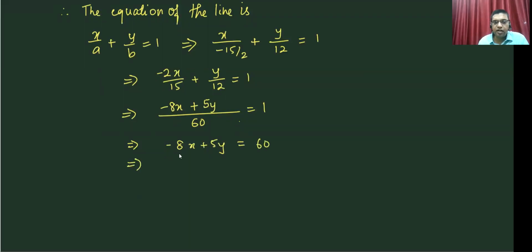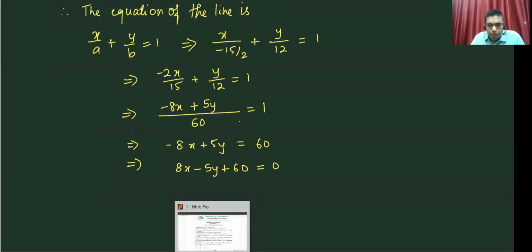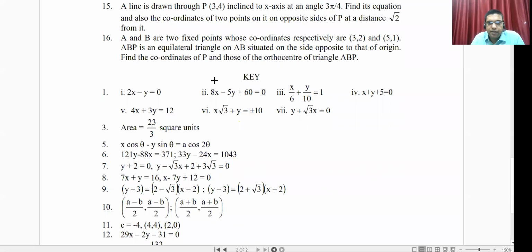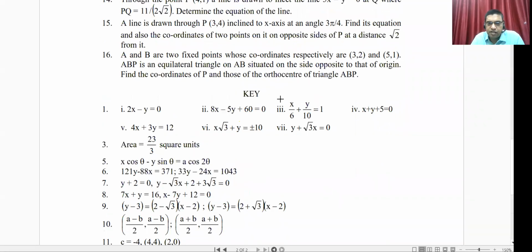Or take all these terms to the right and you get 8x minus 5y plus 60 equal to 0. Alright, this is the answer. Why you face difficulty? This was a straightforward question. You should attempt. 8x minus 5y plus 60 equal to 0.